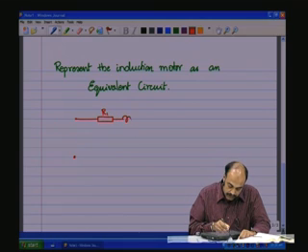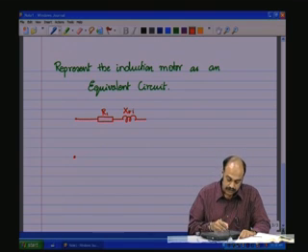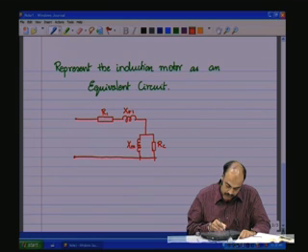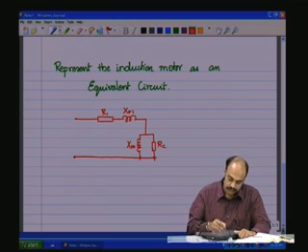And then we have an X sigma 1, the primary side leakage. We have the magnetizing reactance, and RC, which is the core loss component.